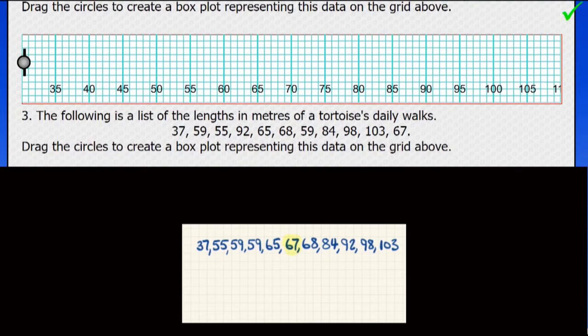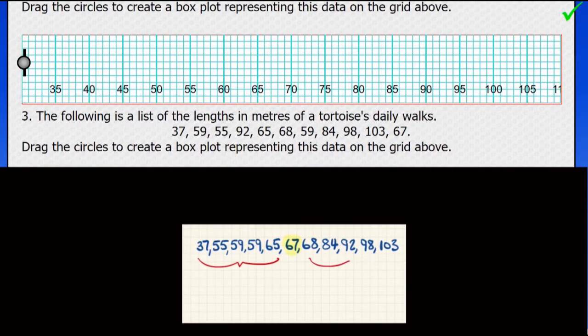There are 5 items to the left and 5 items to the right of our median. So it looks like the lower quartile is going to be right in the middle of that group, which is 59, and the upper quartile is going to be right in the middle of that group, which is 92.